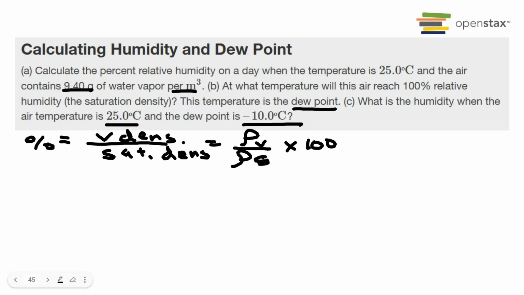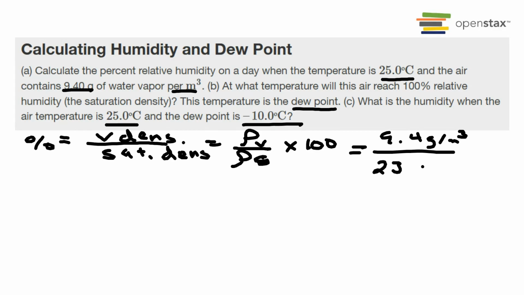Based on our table, the vapor density they give us, they said the air contains 9.4 grams per meter cubed. And then if you look in the table at 25 degrees Celsius, it's actually 23 grams. That's the saturation. So what does that mean?